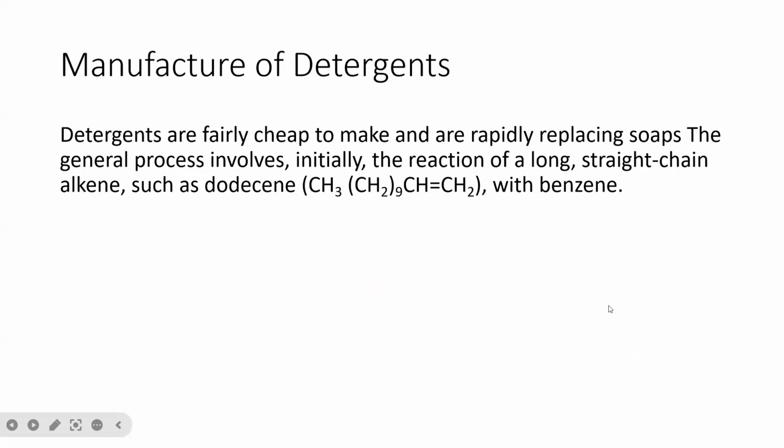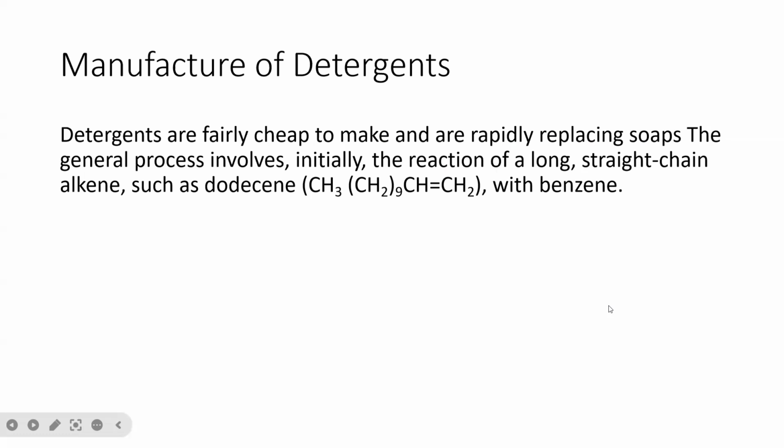So let's quickly look at manufacture of detergents as it differs from the manufacture of soap. Detergents are fairly cheap to make and are rapidly replacing soaps. The general process involves initially the reaction of a long straight chain alkene, such as dodecene, with benzene.